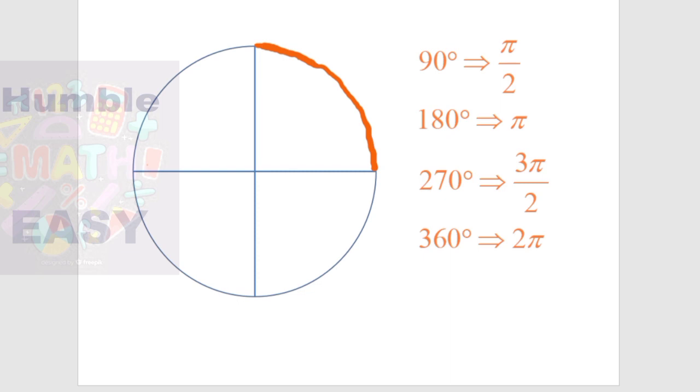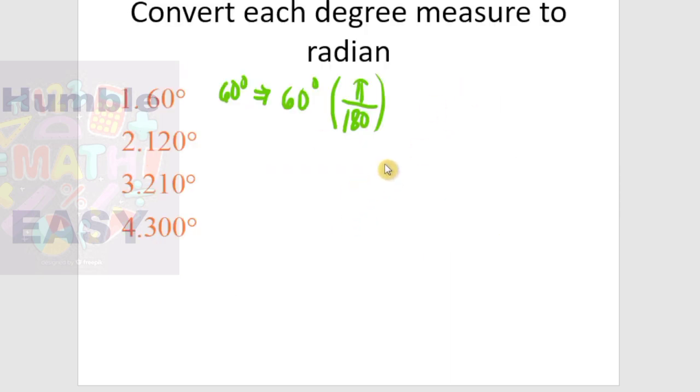Take note of that. As we convert this, it is divisible by 60, so this one becomes 1 and this one becomes 3. So the answer is 1 times pi, which is pi, over 1 times 3, which is 3. So we now have pi over 3.